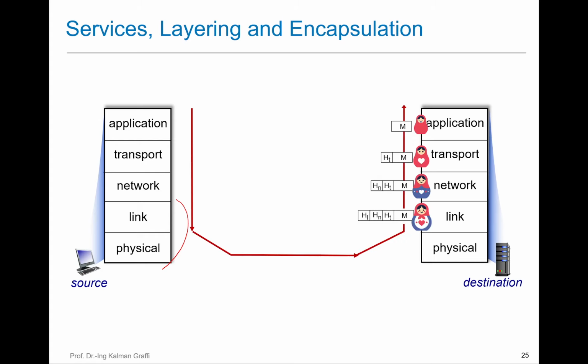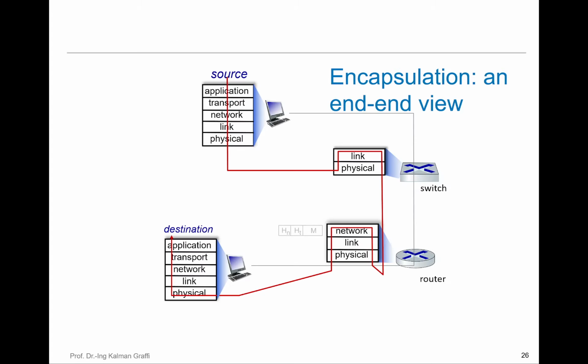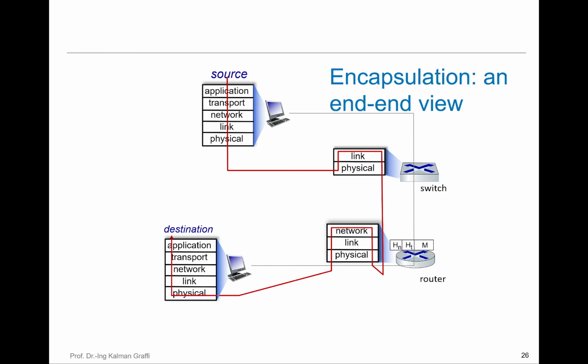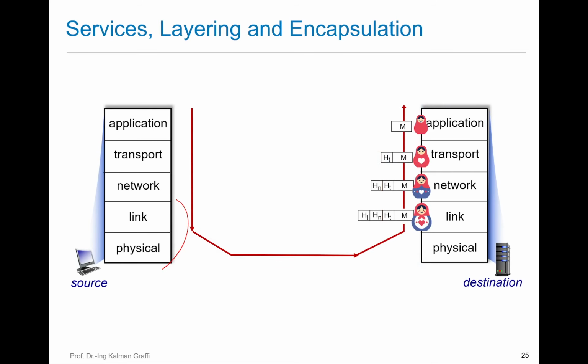We have here some addressing, we have here the routing, then we have UDP and TCP that allow us to address processes, so that we have port numbers that allow us at the sender side to identify which application sent the message, and then the message is passed on to the destination node, identified by the address in the network layer, so the IP version 4 address. Then it arrives at the transport layer.